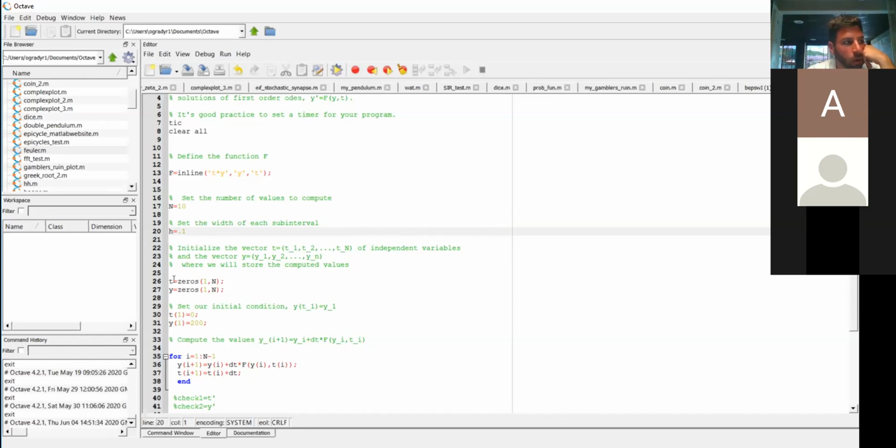So I'm going to store my t0, my t1, my t2, etc. in a vector, and I'm going to call it T. And then I'm going to call Y the vector of all my approximated values. So notice what I'm doing is saying, here's a vector. Right now, everything is 0 in that vector. And then I'm going to replace 0 with whatever values the computer gets for me.